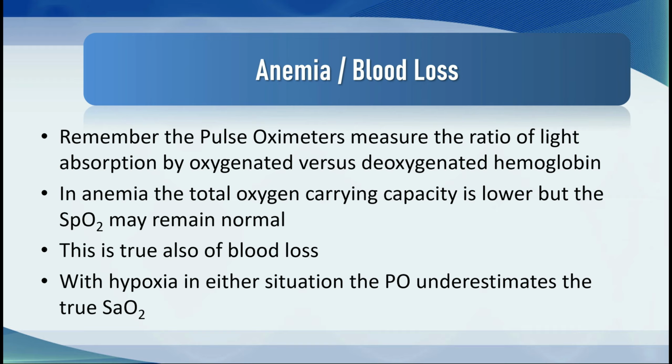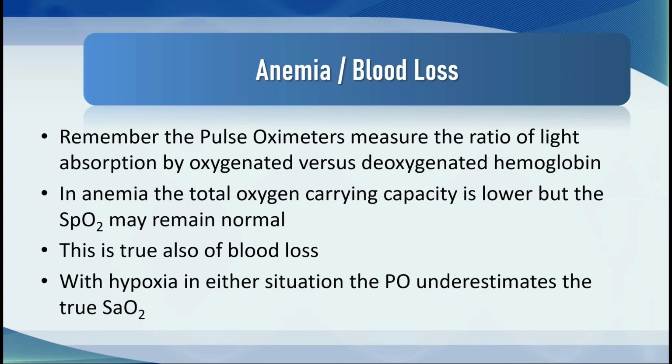With regard to anemia and blood loss, remember that pulse oximeters measure the ratio of light absorption by oxygenated versus deoxygenated hemoglobin. In anemia, the total oxygen carrying capacity is lower, but the SpO2 may remain normal. This is also true of blood loss.